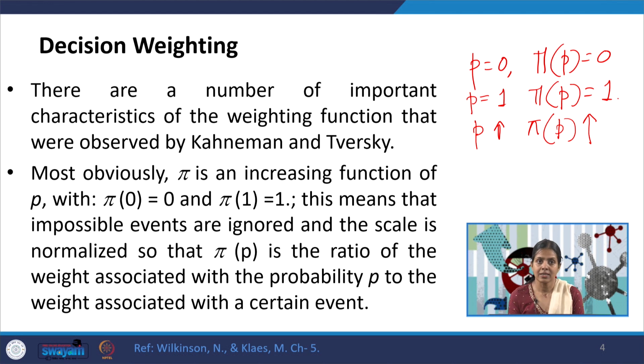This implies that impossible events are ignored and the scale is normalized, so that pi(p) is the ratio of the weight associated with the probability p to the weight associated with a certain event. Because if it is a ratio, then we will always have pi(1) in the denominator, which is equal to 1, and in the numerator I will have pi(p), where p is something less than 1.